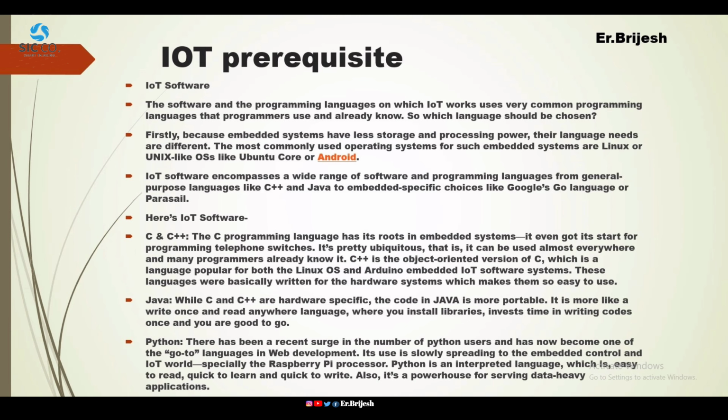So this was all about the IoT hardware platforms and prerequisites of IoT. Learn all this very carefully because this is the basics and these are the most important things. From now onwards we will start making accounts on 20 different platforms, and we will learn the specifications of these platforms and where to use them. So the next 20 videos will cover how to log in, how to make your account, and the specifications of those IoT platforms.